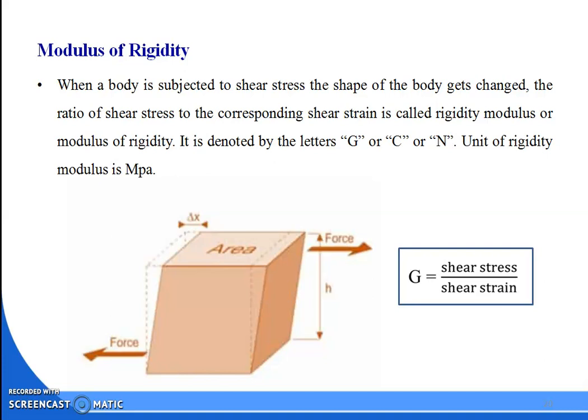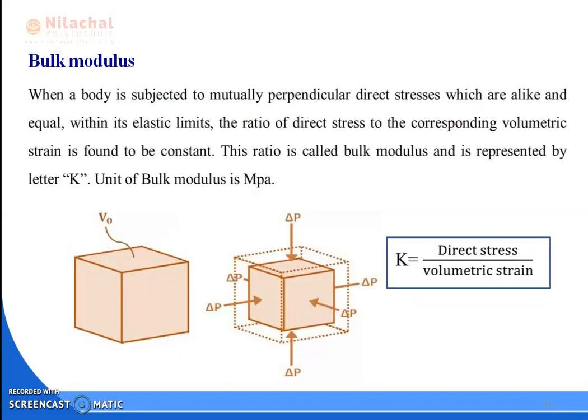So today's class we will start with the next elastic constant, which is your bulk modulus.